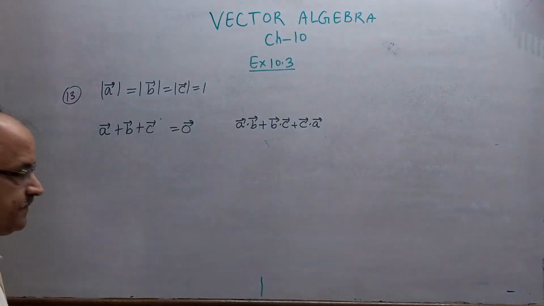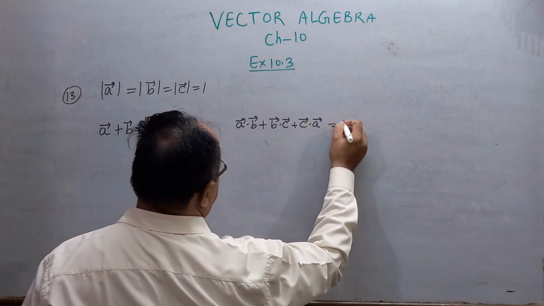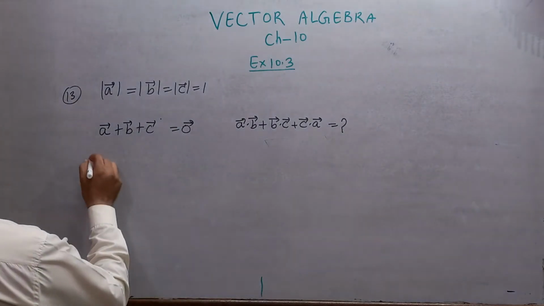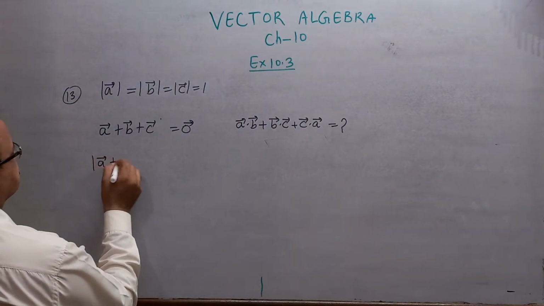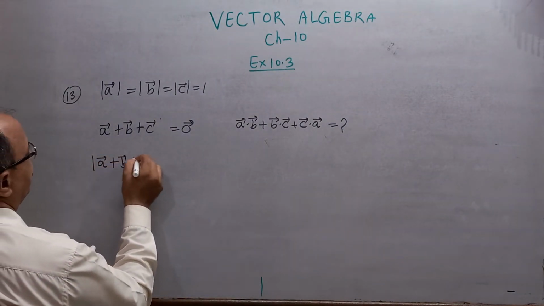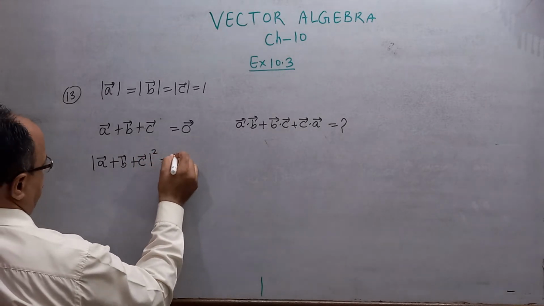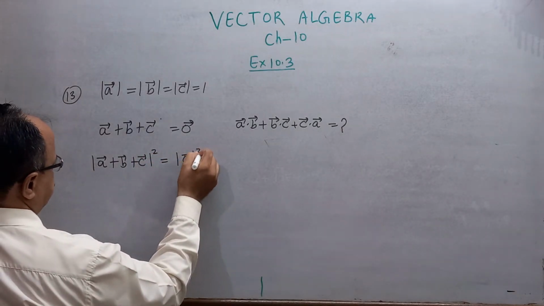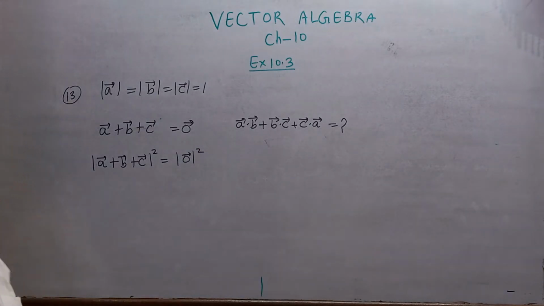You know that taking modulus both sides, modulus of 0 is 0, squaring both sides.